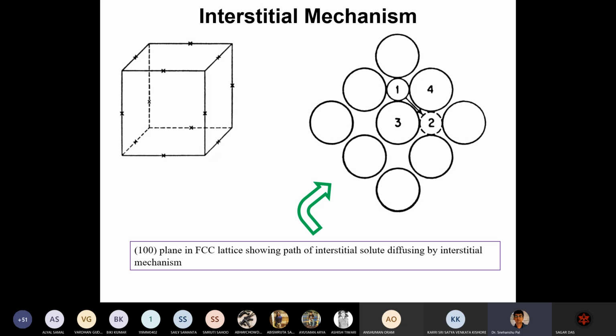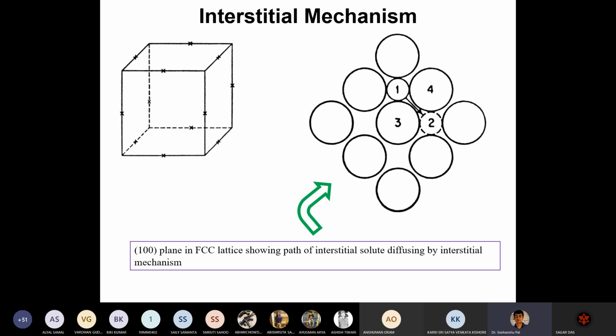That is very important. Actually, if atom 1 rises slightly out of the plane of the slide as it starts towards 2, there is a partially formed channel available. Nevertheless, an appreciable local dilation of the lattice must occur before the jump can occur.